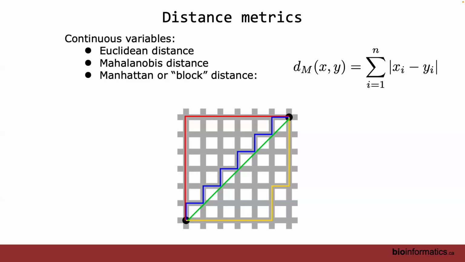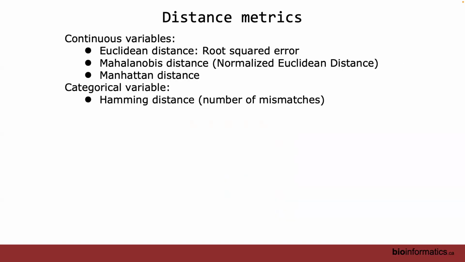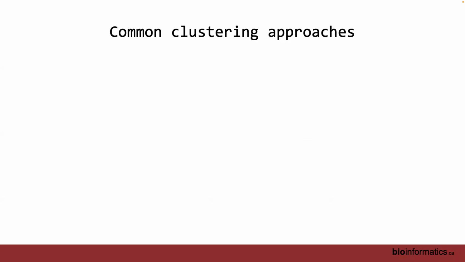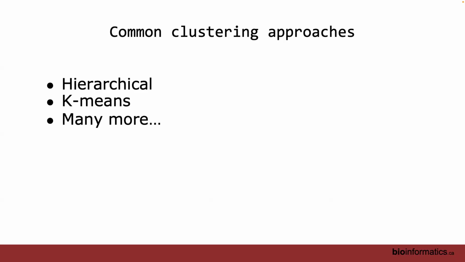Sometimes you convert from one to the other after normalizing, but you should just know that these are the determinants, in part, of what metrics you choose. Okay, so we have different kinds of distance metrics. Here's another one called Hamming distance, which is a way of looking at the number of mismatches for categorical data. There are just different metrics.